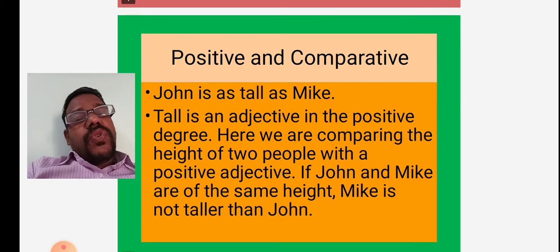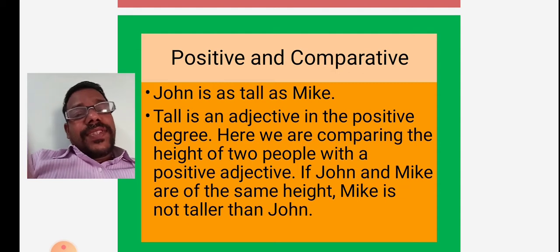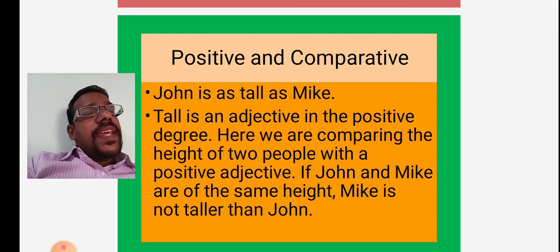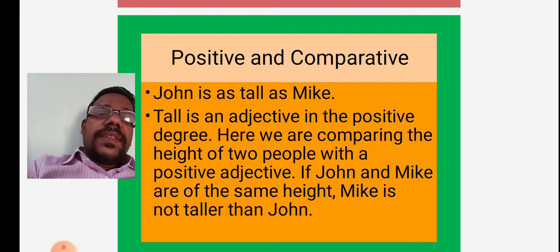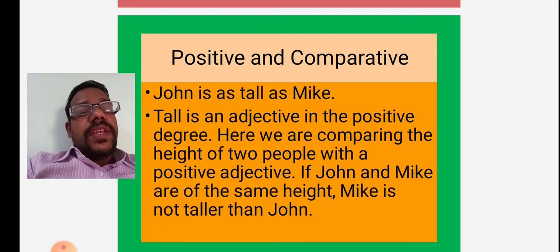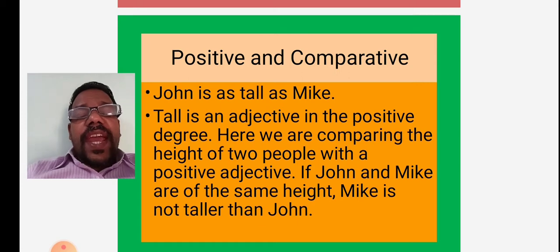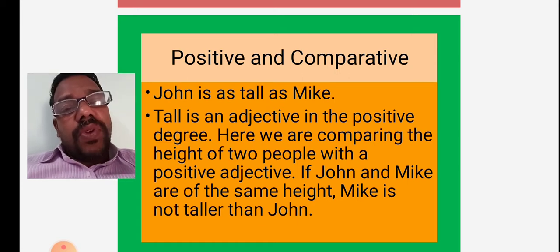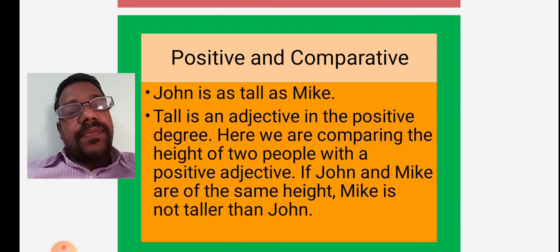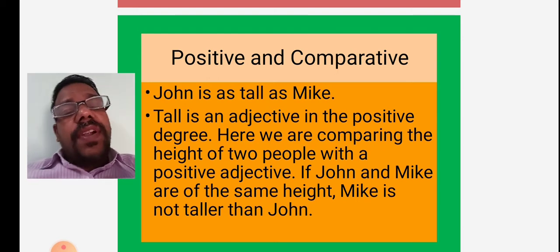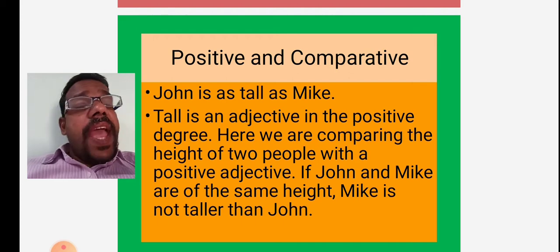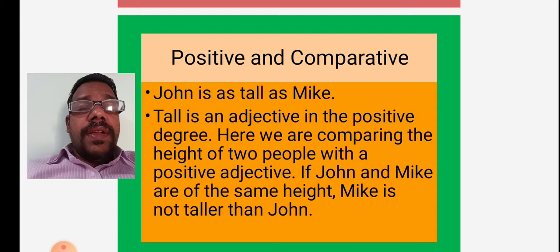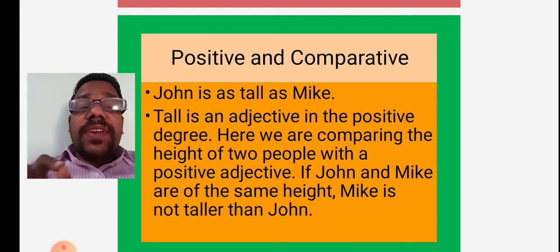Now let us try to turn a sentence from positive to comparative. When there are two things individually mentioned, we can have a change from positive to comparative. The example given here is John is as tall as Mike. Which is the adjective given here?